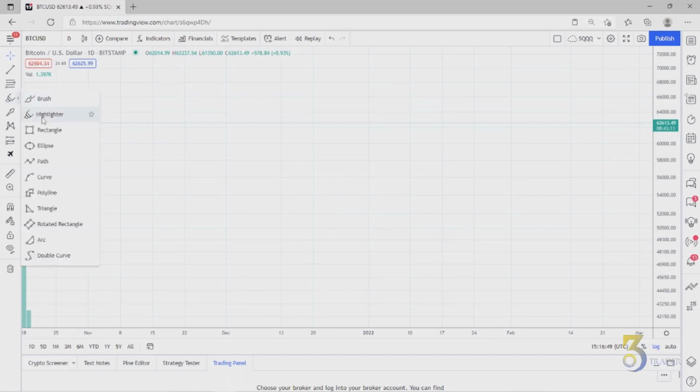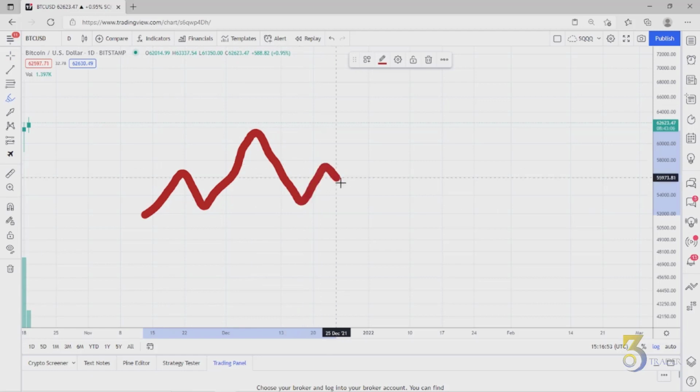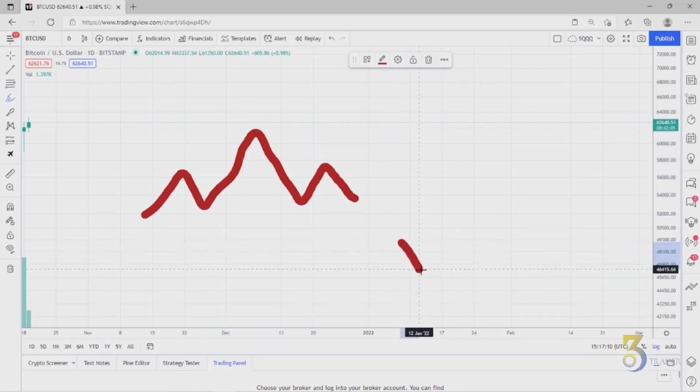Most people, let's do the highlighter. Most people are like, yes! Every time they see this somewhere in a chart, head and shoulders, head and shoulders. It doesn't matter where we're at in price action, they are like, oh, that's a head and shoulders. And then they get this one.